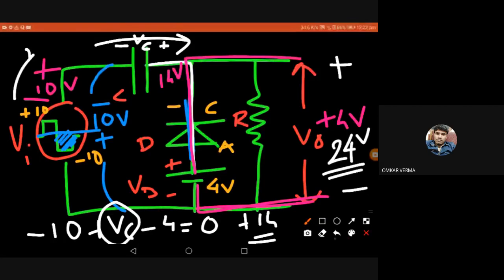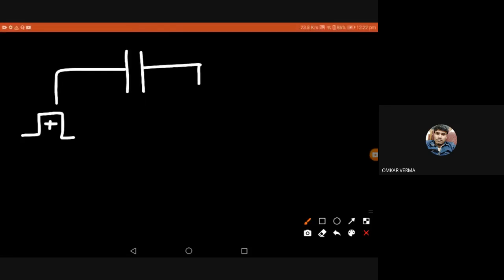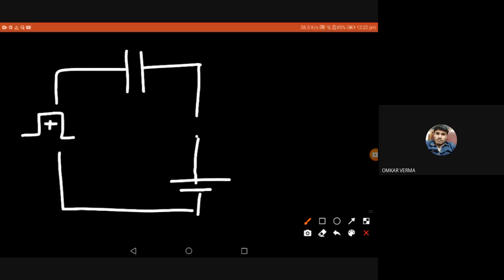I'm writing everything on the same board, so it may be a bit difficult for you to understand. So I'll just do it again. Right now we are assuming the positive cycle. We have the capacitor and diode, and in this direction your diode will be off. Now we have a resistor.